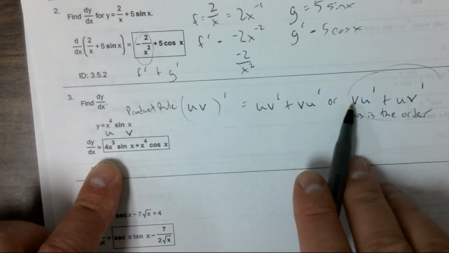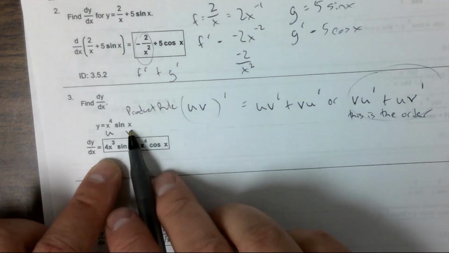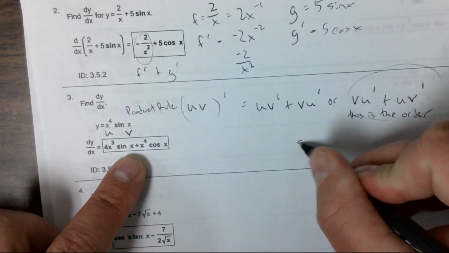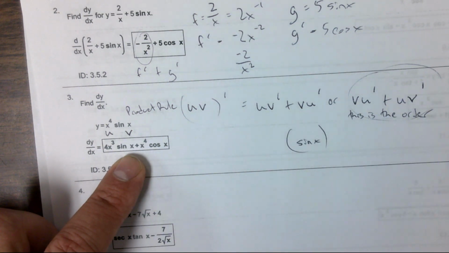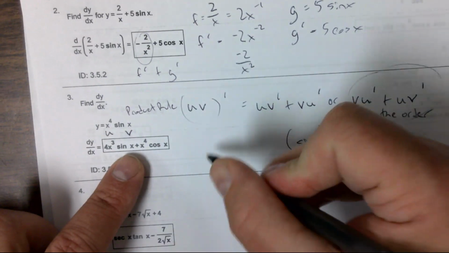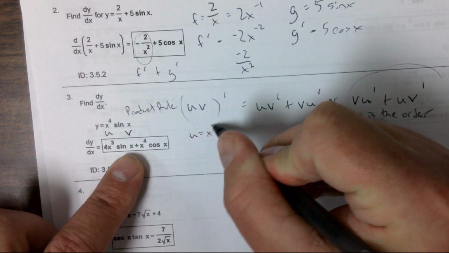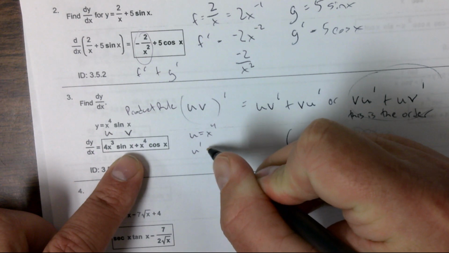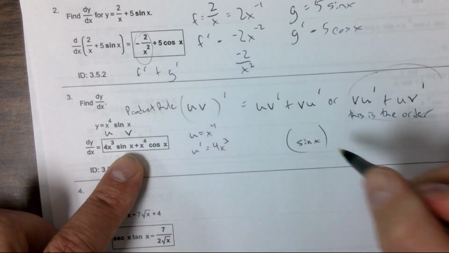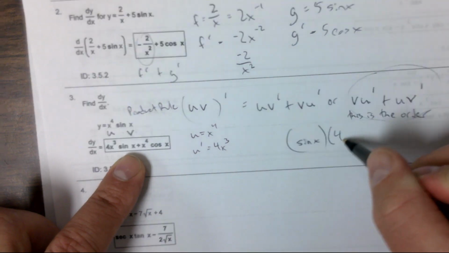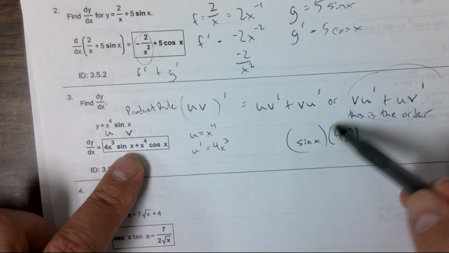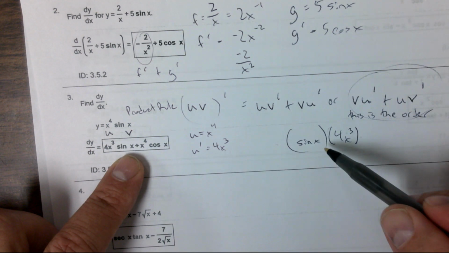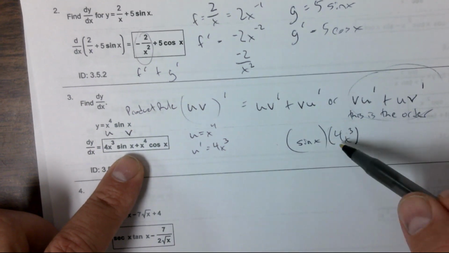So they're doing v first, which is sine x. And then you're taking the derivative of u. Well, if u is x to the 4th, then u prime would be 4x cubed. So it's sine x times 4x cubed. Now, what we do is we put this part in front so we don't think it becomes 4x to the 4th.